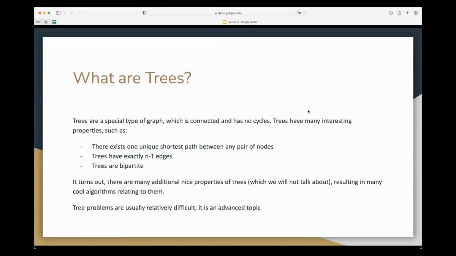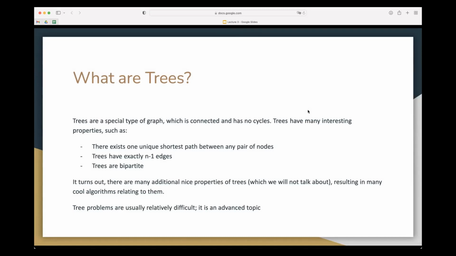For example, if you have two nodes which are connected by an edge, that's considered a tree. But if you have three nodes that aren't connected by any edges, that's not connected, so it's not called a tree. In fact, a graph which is just a bunch of trees that are not connected is considered a forest, or basically a bunch of different trees.